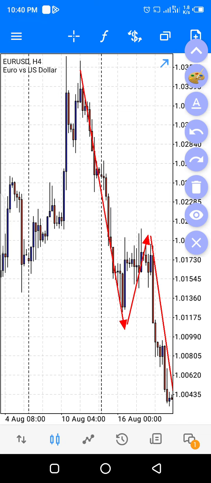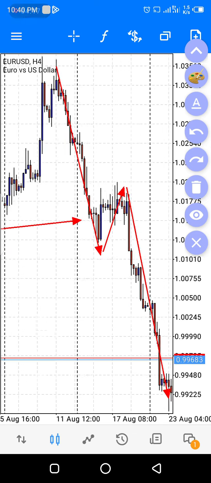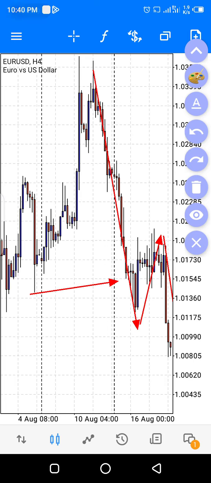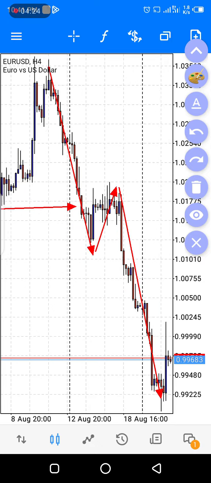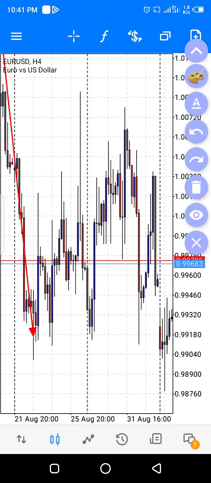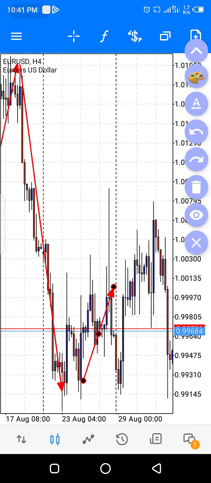But what's the unique thing about market structure for a downtrend? This was the previous low. With this kind of move, price has to break this low for the price to go lower. Now, for a downtrend, the price will keep going lower and lower. You see, low.